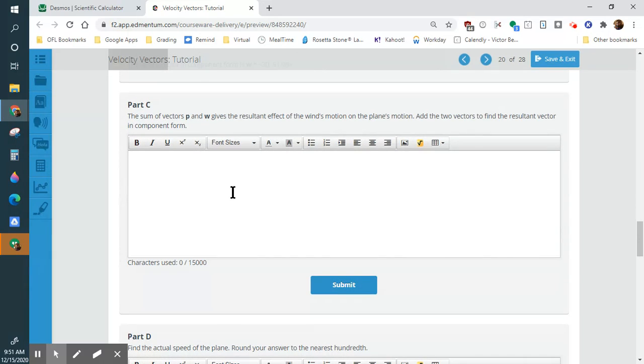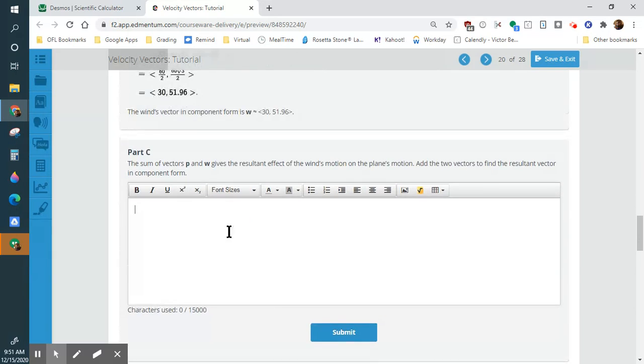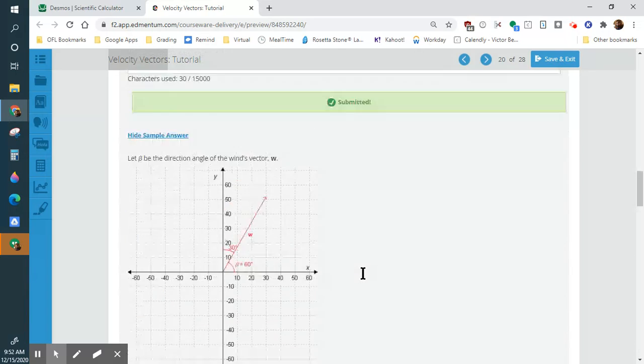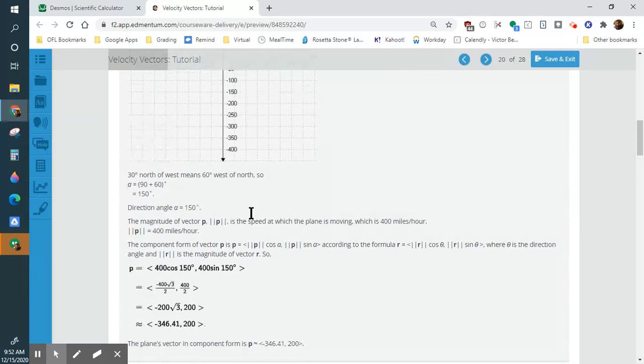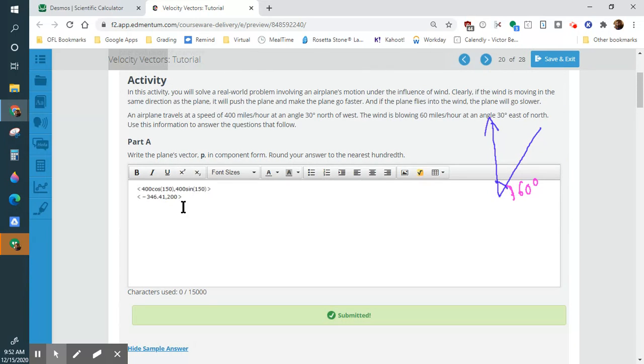All right, so now we want to find the sum of these two vectors together. The sum of the vectors gives a resultant of the wind force. Add the vectors and get the resultant vector. So I'm going to copy my answers for the wind and the other thing just to make it easier on me.